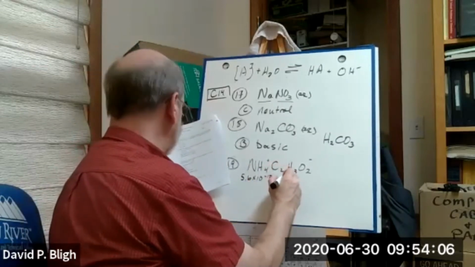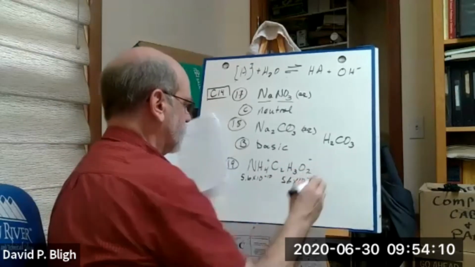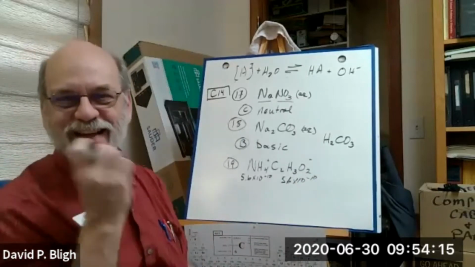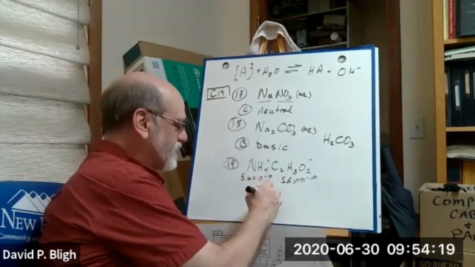And for this one, the Kb is 5.6 times 10 to the minus 10. Oh, that's an easy one. They're both equal, so we get a neutral solution.